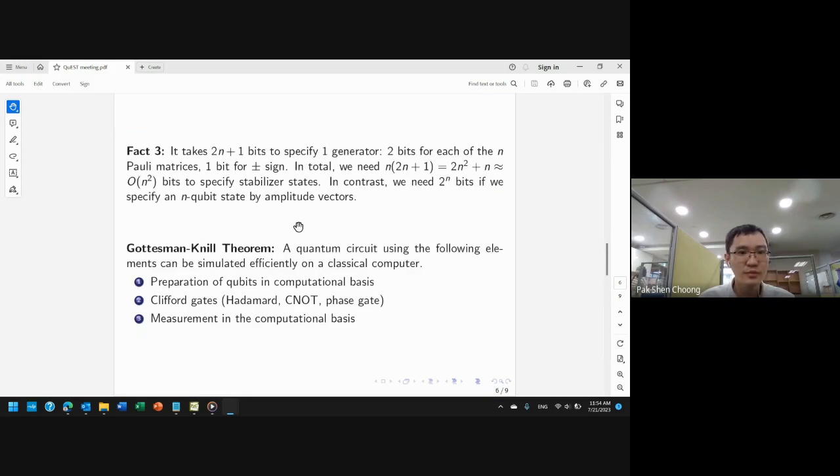Also because of this theorem, it basically means that whenever you have a stabilizer state and your operations are also stabilizers, then it is somewhat easy, because you can always simulate it on a classical computer.